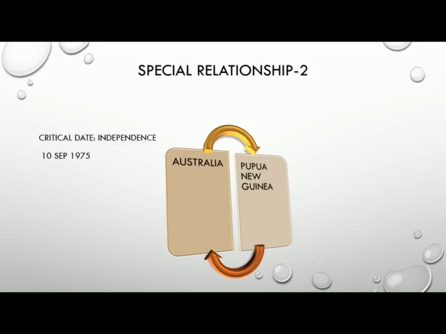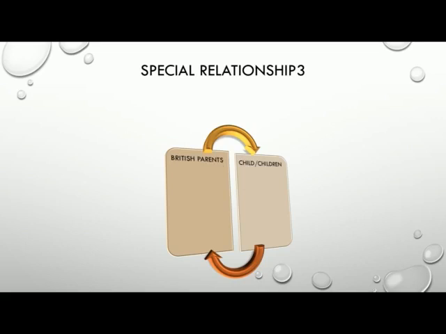Okay, did I just mention that? Yes. We have another special relationship, the home country, British parents with their children. So if the child was born to an Australian citizen, of course you can apply for citizenship.